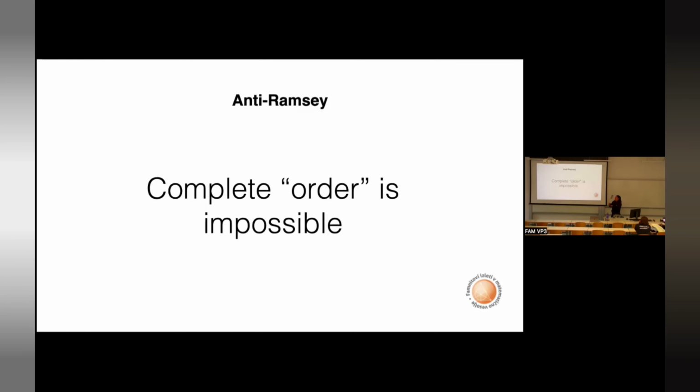But still, you're asking for some structure, so it will feel like you also want some order, but okay. So just have in mind that you can look for structures that have one color, but nowadays with Ramsey and anti-Ramsey, you can ask for different structures, different colors. The limit is the sky.